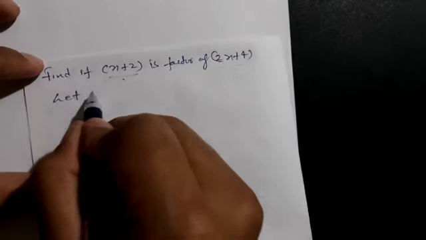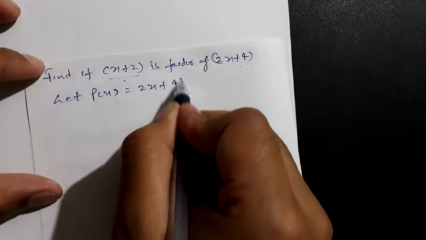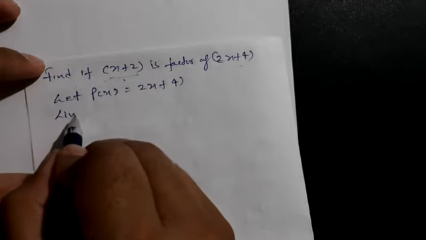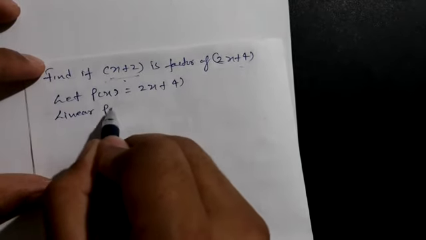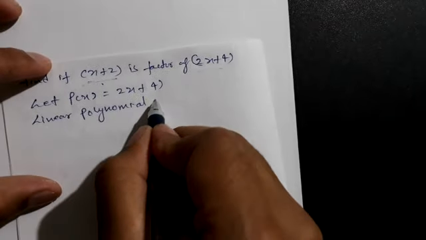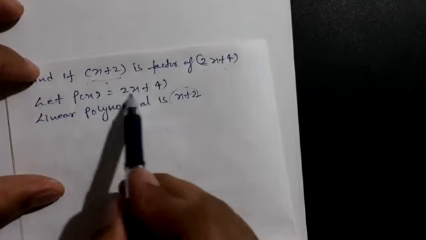So what will happen? Let p of x is equal to 2x plus 4, and the linear polynomial is x plus 2, and we have to find whether this is a factor of this one.